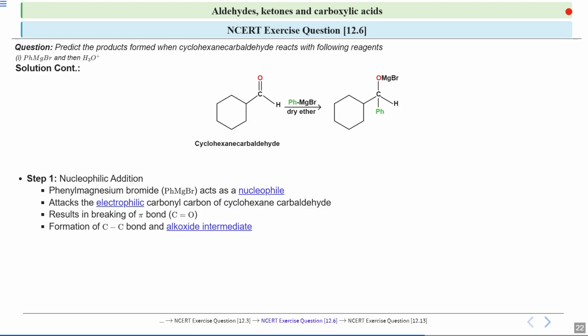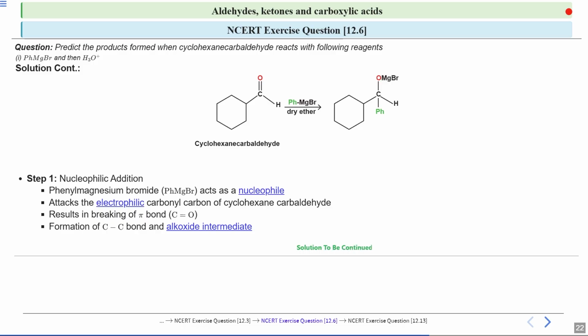As a result, a new carbon-carbon bond is formed between the phenyl group and the original carbonyl carbon. And now this oxygen has a negative charge, which makes it an alkoxide intermediate.